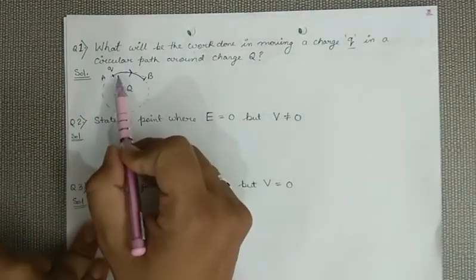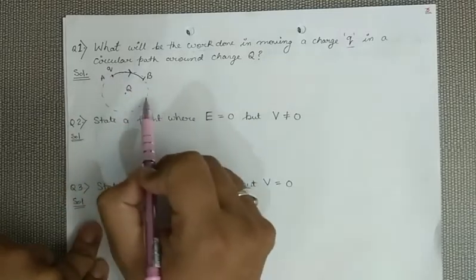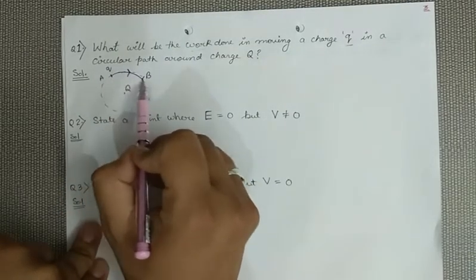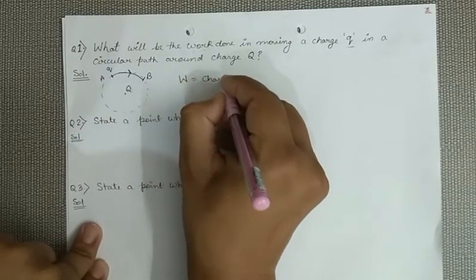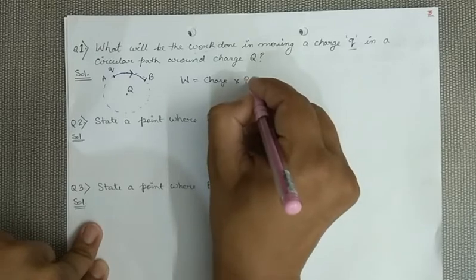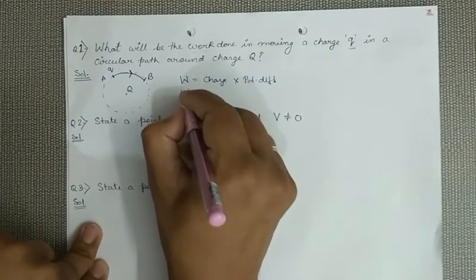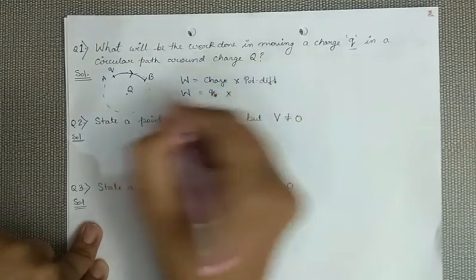Now remember, this circular path will behave as an equipotential surface. So on moving a charge from A to B, work done, just remember, was given as charge into potential difference. The charge which we are moving is q, into potential difference.